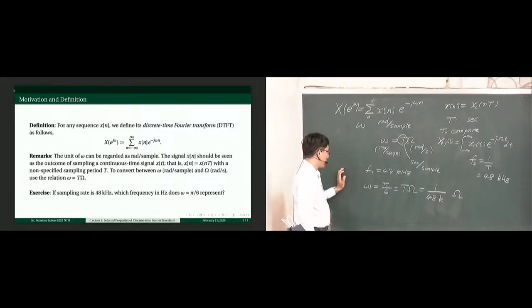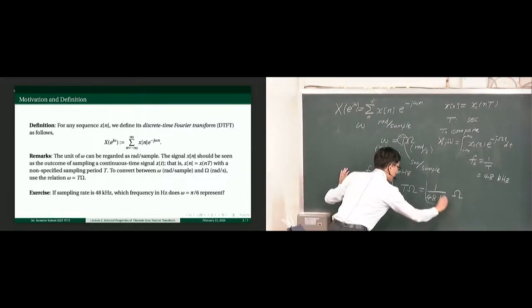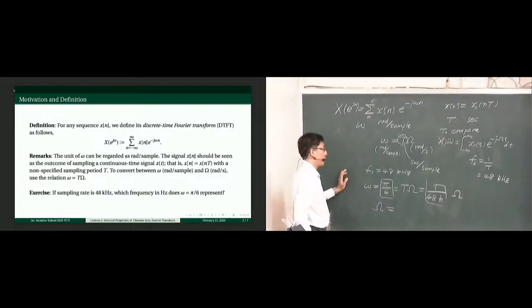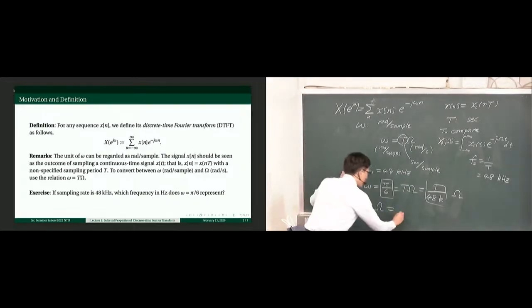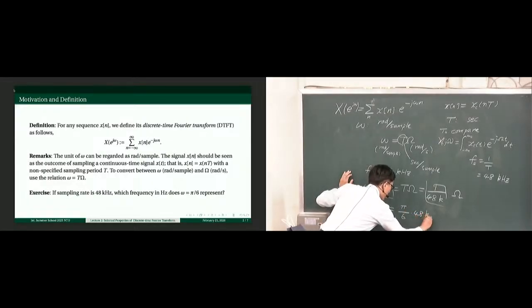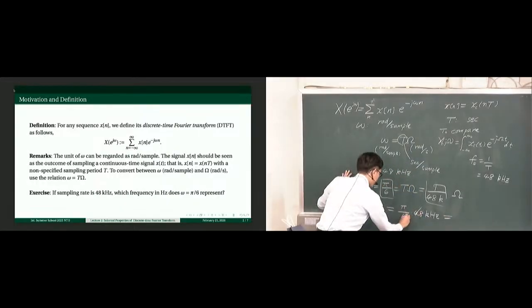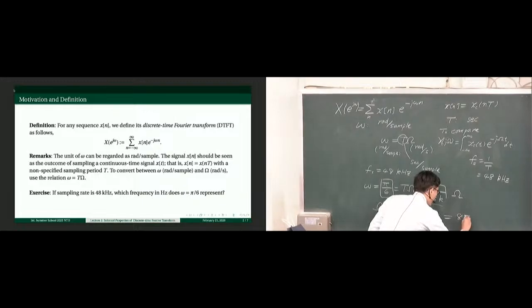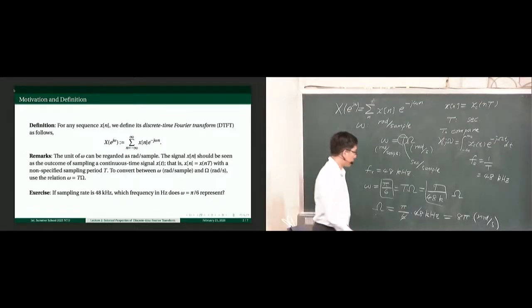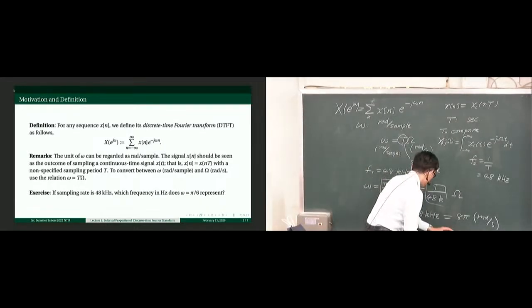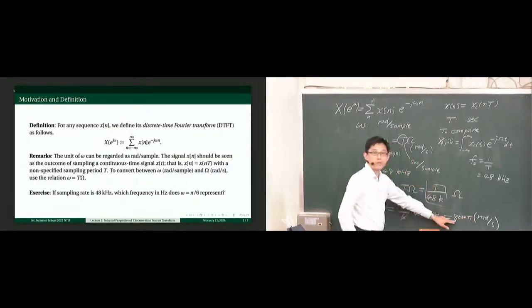Therefore, big omega is pi divided by 6 times 48k hertz. That equals 8,000 pi radian per second.